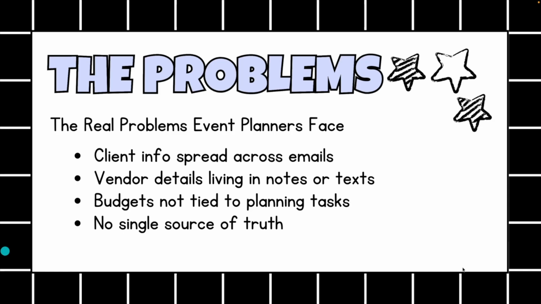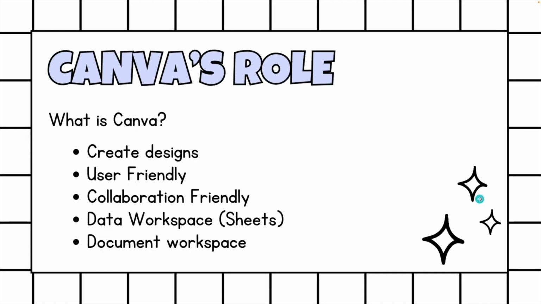So we need to stop seeing Canva as just a place to make flyers, right? Because it can create beautiful designs. Again, it's user friendly, it's collaboration friendly, right? But it is a data and document workspace, right? This is where we're going to be building these sheets. Canva does have the ability to create sheets, which are typically like Excel workbooks, very similar, right?